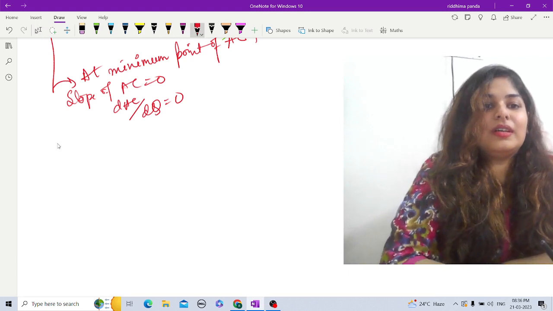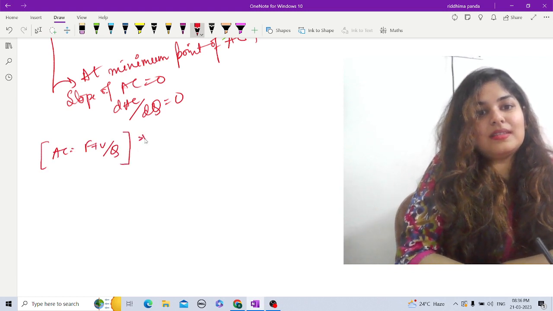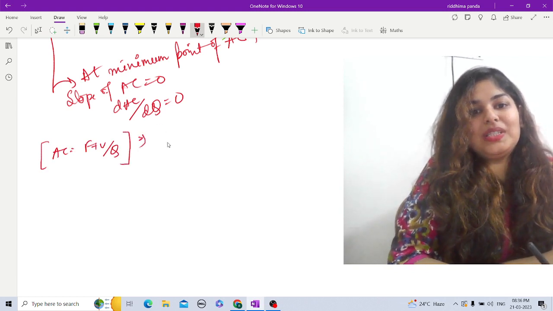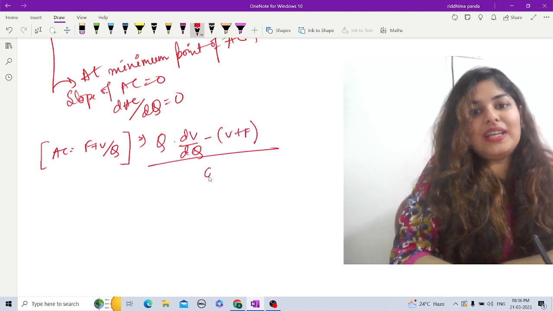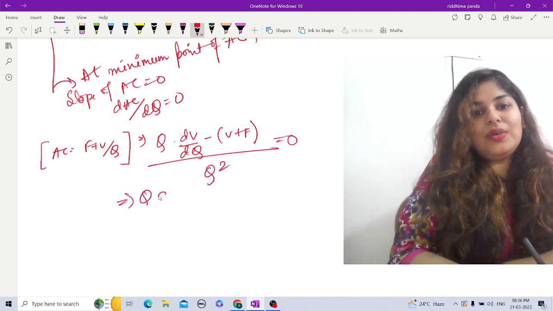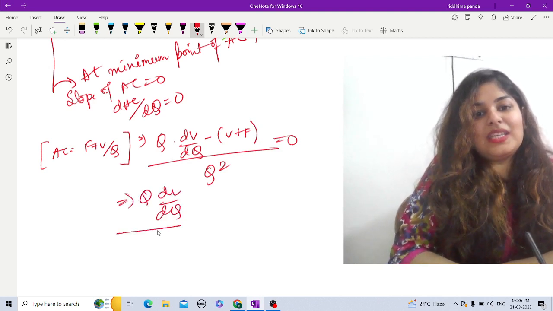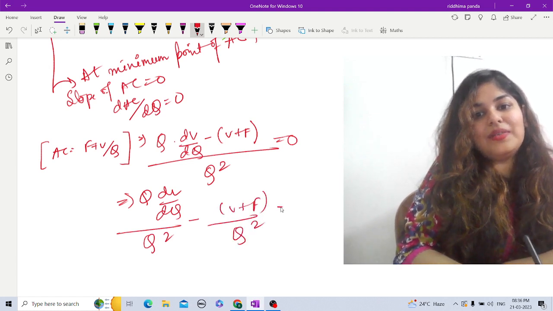AC is equal to (F plus V) by Q. That means dAC by dQ will be [Q into dV by dQ minus (V plus F) into 1] divided by Q square, which is equal to 0. Now, Q into dV by dQ by Q square minus (V plus F) by Q square is equal to 0.